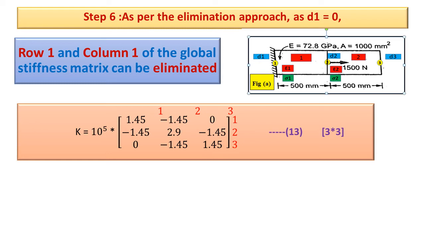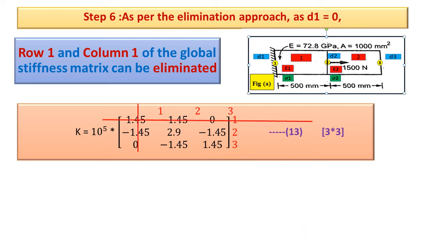Step number 6. The rule to apply the elimination approach is we eliminate that row and column at which the respective node displacement is 0. Here for this numerical we can observe from the diagram at node 1 fixed support is applied and therefore displacement is 0, and as this is at node 1 therefore we will be eliminating row 1 and column 1.